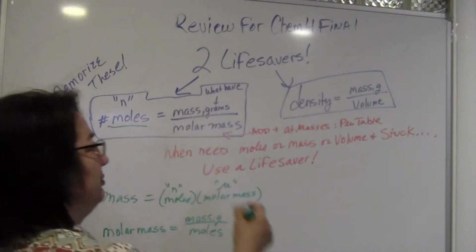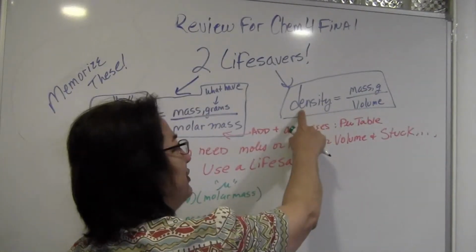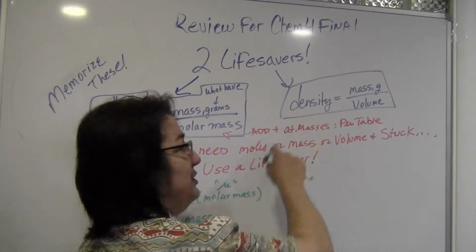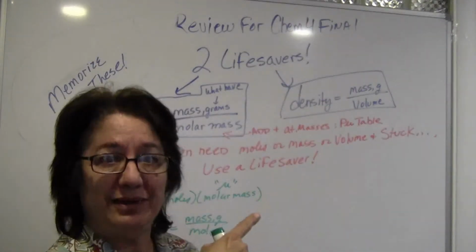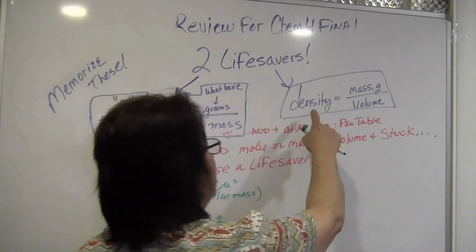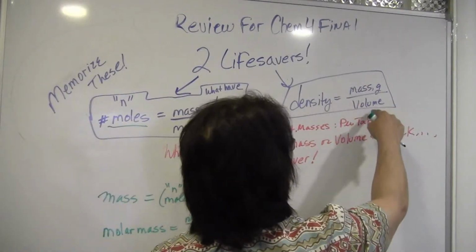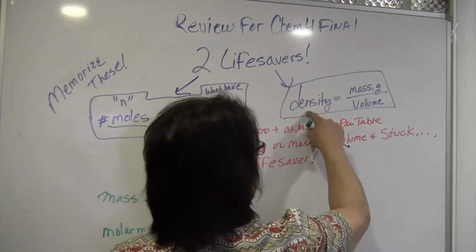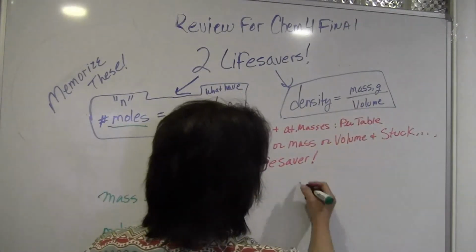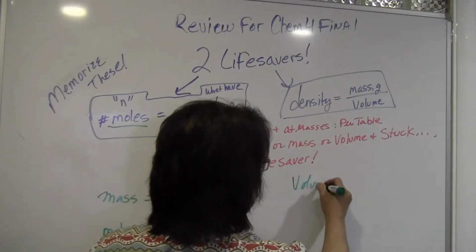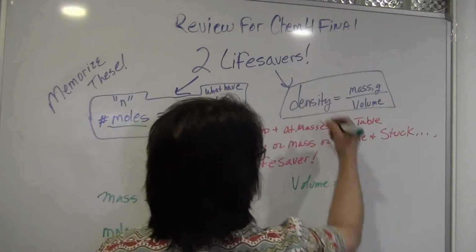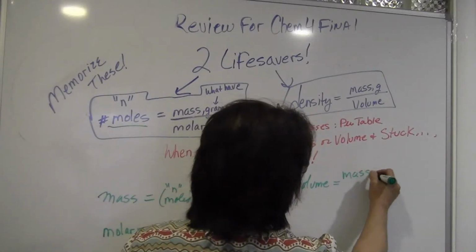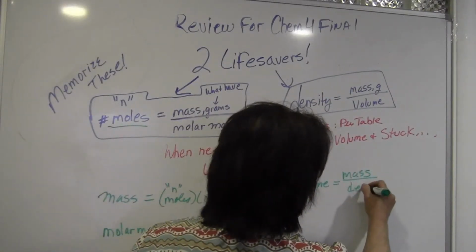Moles, mass, molar mass. Lifesaver number 2 is our density formula. If you see density in a problem, you're going to need this formula. Density equals mass over volume. We can rearrange this too. If you see density in a problem, but maybe you need the volume, you could rearrange it to say the volume equals mass divided by density.